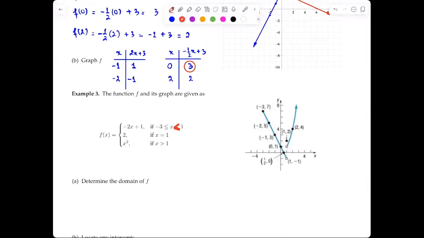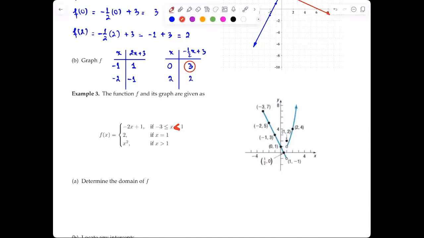Because it is strictly less than 1, you have an open circle. Now, the second part of the function is when x equal to 1, then the output is equal to 2. Therefore, you have a closed circle. And for x strictly greater than 1, you have x squared, which is a parabola. Therefore, you have an open circle here.